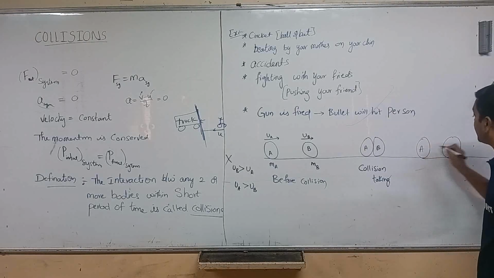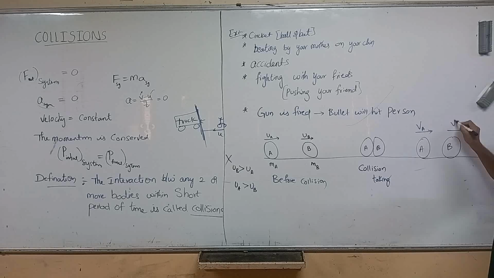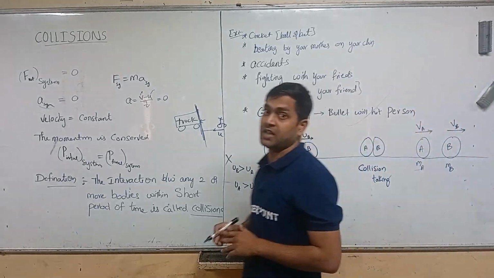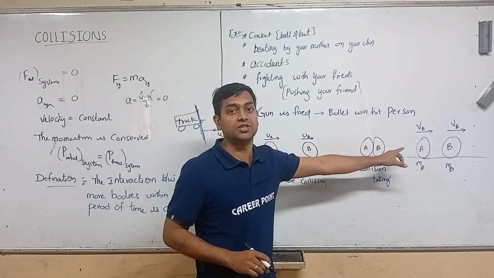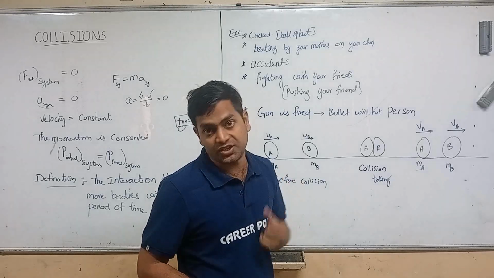So object A is moving with va, and object B is moving with vb. And is there any change in the mass? No, there is no change in the mass. Here what changes have taken place? Only the velocities are changing.